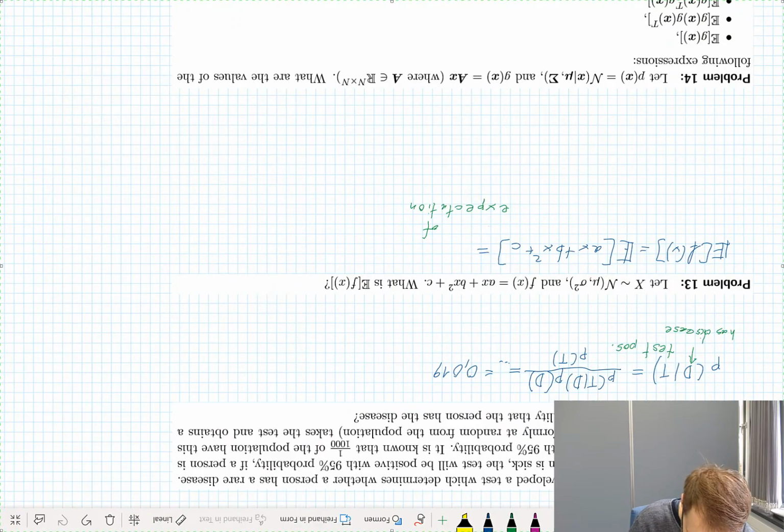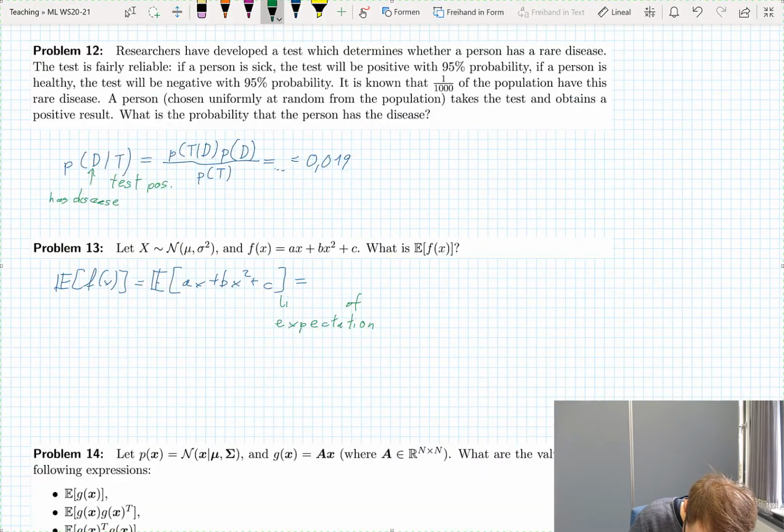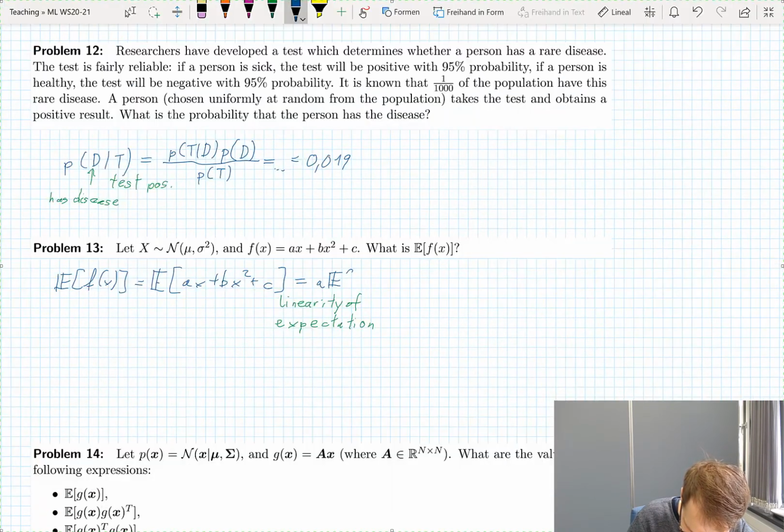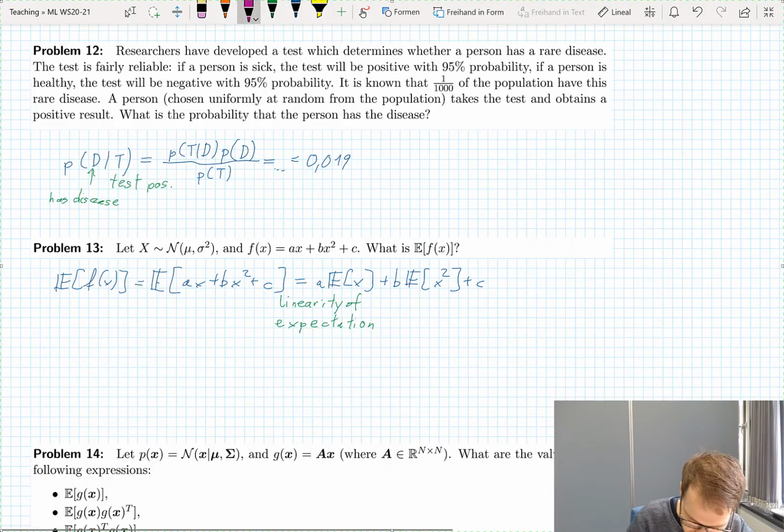Nobody can read this. Let's try it again. Linearity. That's better. Okay. We can split this up, so that's a times expectation of x plus b times the expectation of x squared plus c. Okay, expectation of x is just the mean. So that's mu.